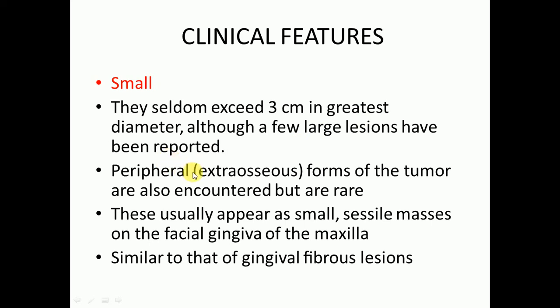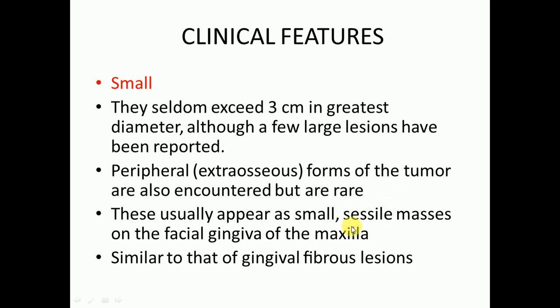There is another variant or form of adenomatoid odontogenic tumor: peripheral or extraosseous forms of the tumor are also encountered but are rare. These usually appear as small sessile masses on the facial gingiva of the maxilla. So you should know the difference between sessile and pedunculated masses.